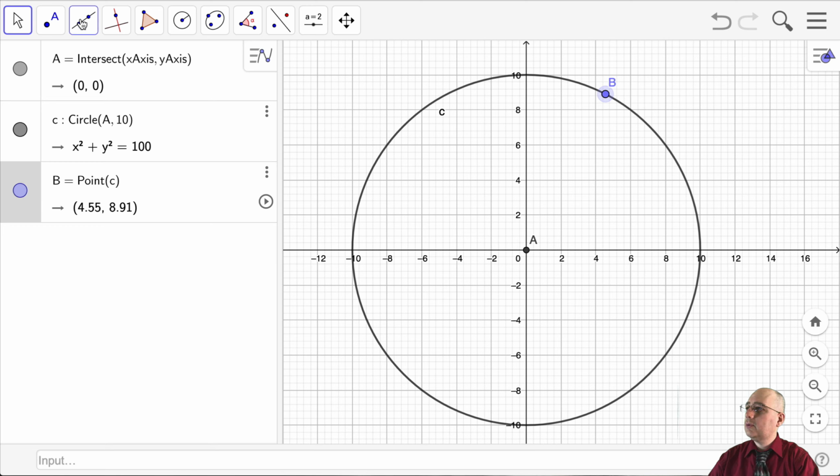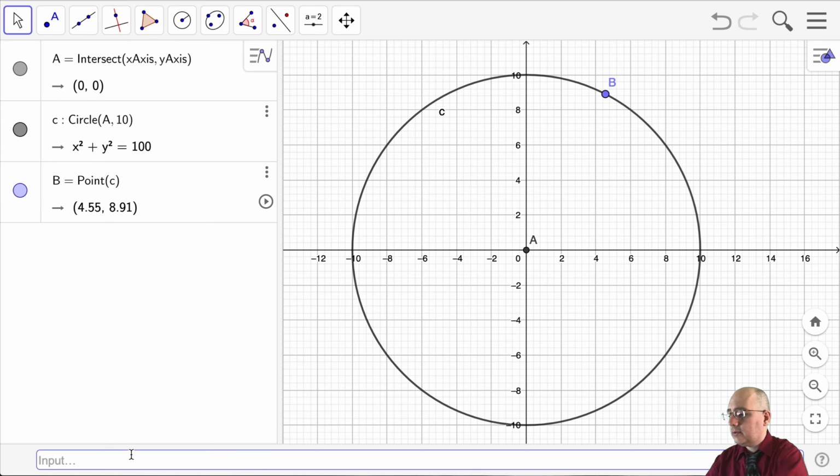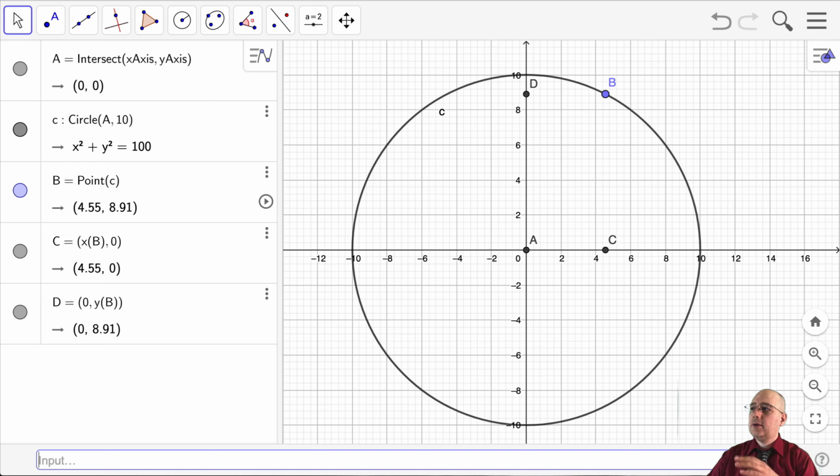And so, what do I want from this? I'll give myself x, b, 0, and then 0, y, b. So I plotted on the xy coordinates where Vx and Vy are.